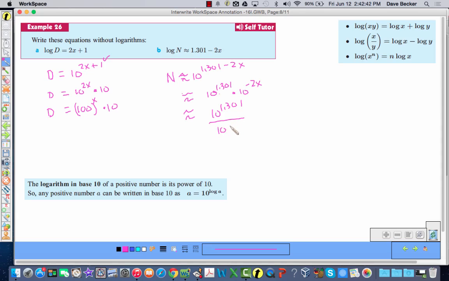And 10 to the 1.301, if you took it on your calculator, is approximately 20 over 10 to the 2x. So I have my equation written like that.